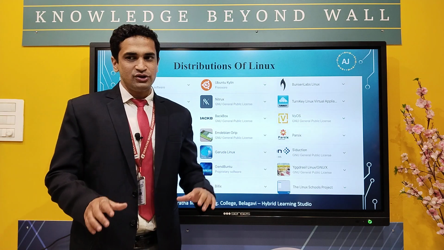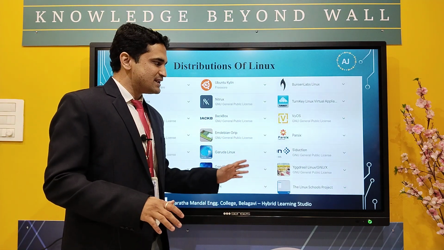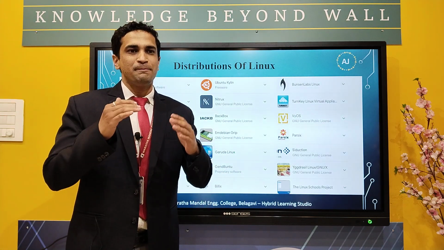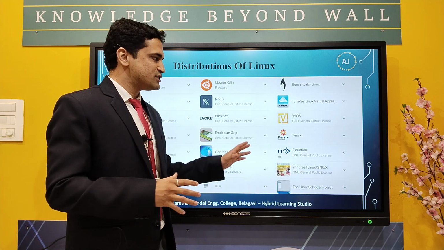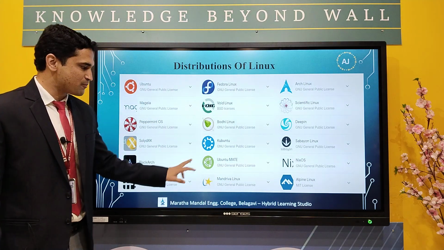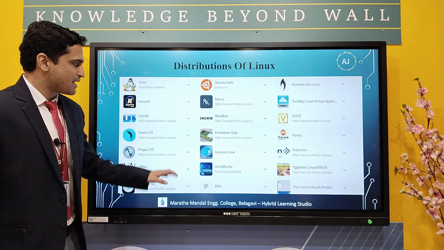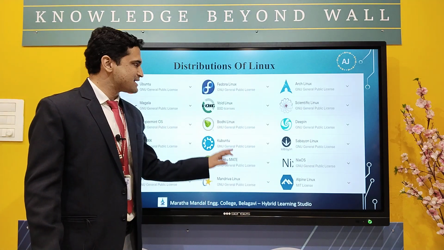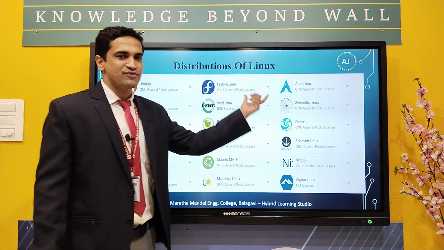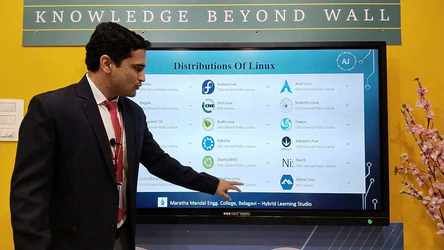Basically, when you are developing any type of embedded product, if you use the Linux system, it is very easy for you to implement or develop that product. I mentioned some of the operating systems here, and I think you are aware of two of them, Ubuntu and Fedora.